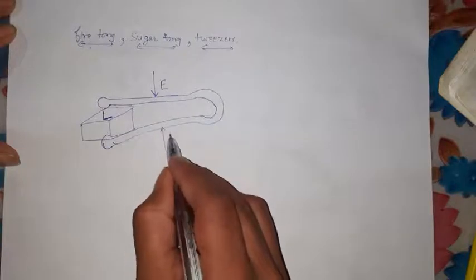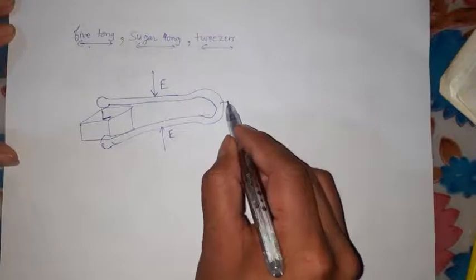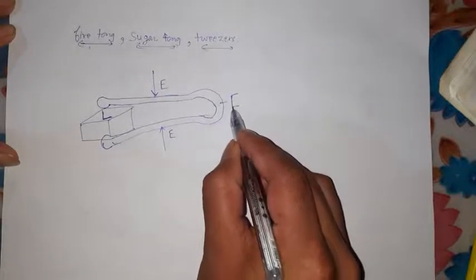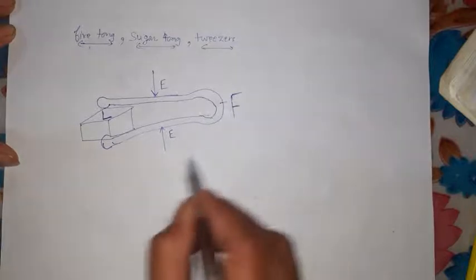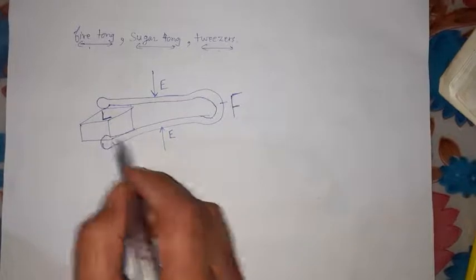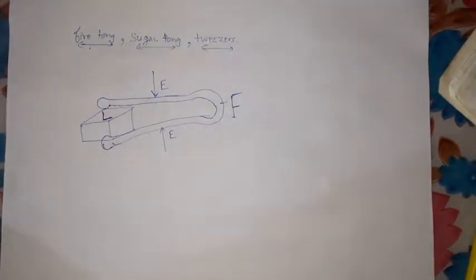Okay, so there it is effort, and the fixed point about which it is going to move, that is fulcrum over here. It is fulcrum. Okay, so thus we are having, it is what? Third class lever, because effort is between load and fulcrum. Okay, it is not going to multiply your force. It is what? It is used only for gain in speed.